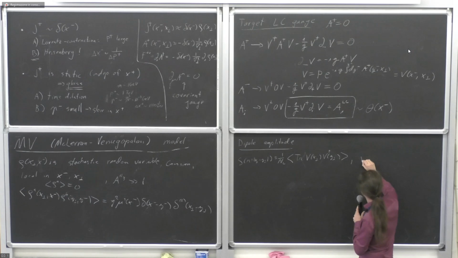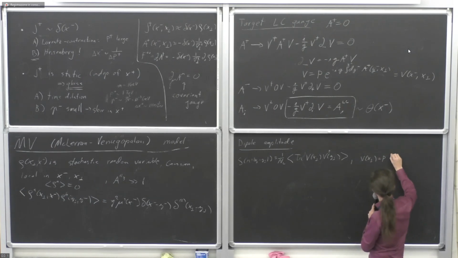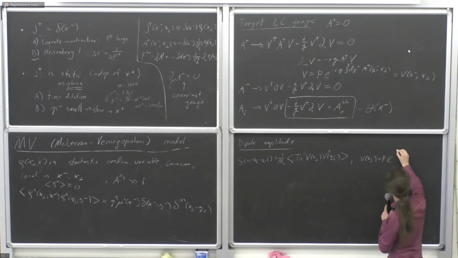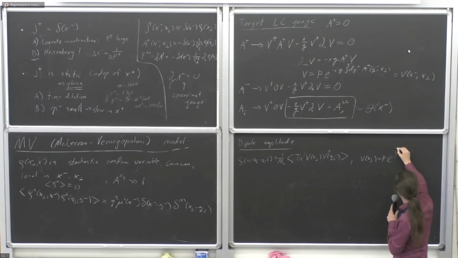Then we recall that this V, the Wilson line, is a path-ordered exponential. Compared to yesterday, we switched.